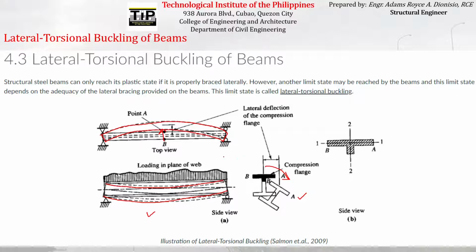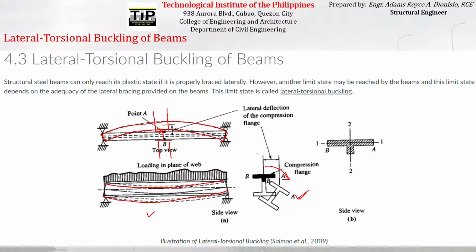Therefore, we must provide adequate lateral bracing so that we can avoid it. If we provide adequate lateral bracing, like for example a bracing somewhere here, this will prevent the steel beam from experiencing lateral torsional buckling, since it will not tend to buckle laterally as well as experience torsional buckling.